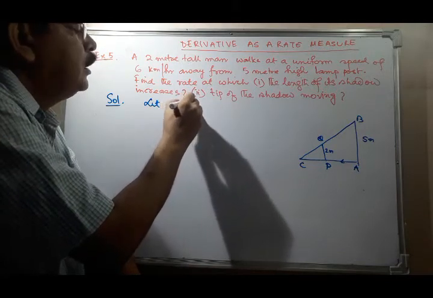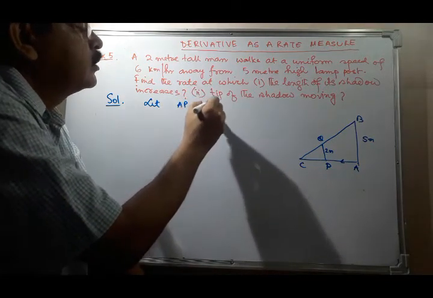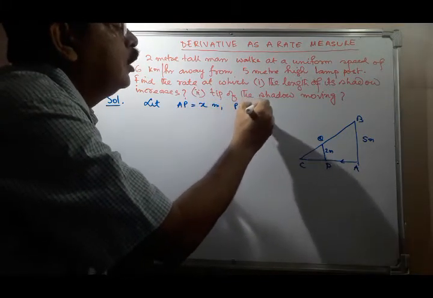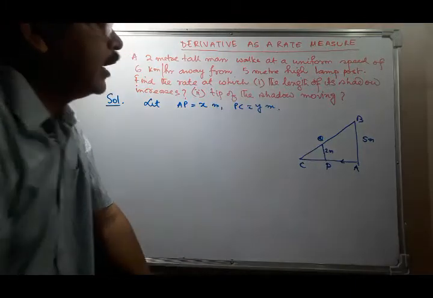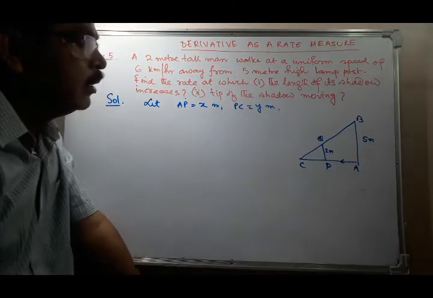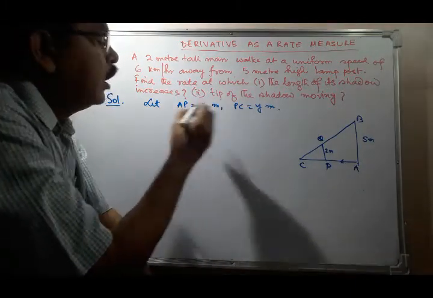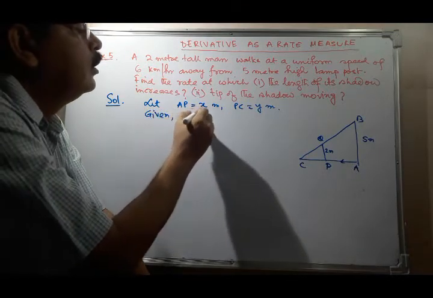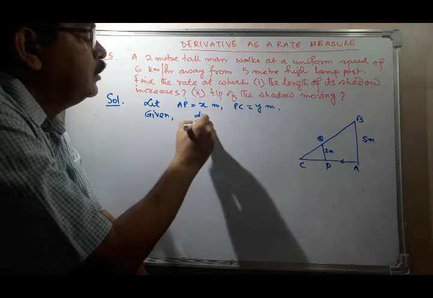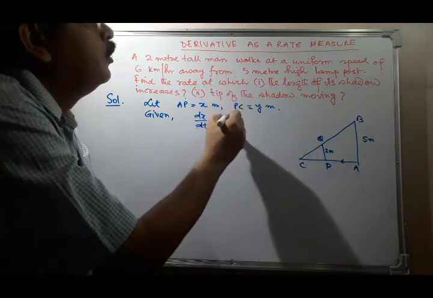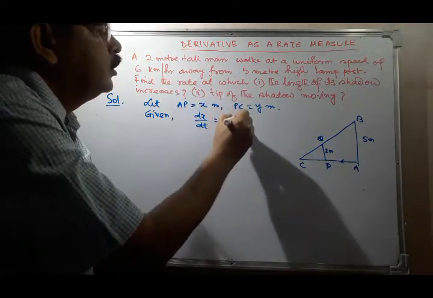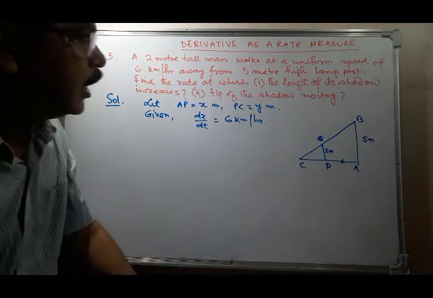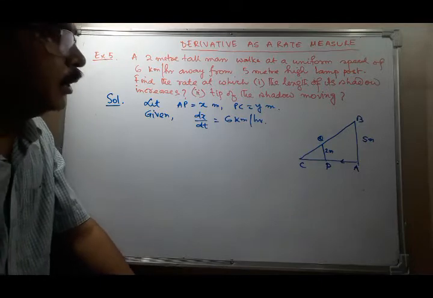Let AP equal x meter and PC equal y meter at that instant. What is given? Given dx by dt equals 6 kilometer per hour.